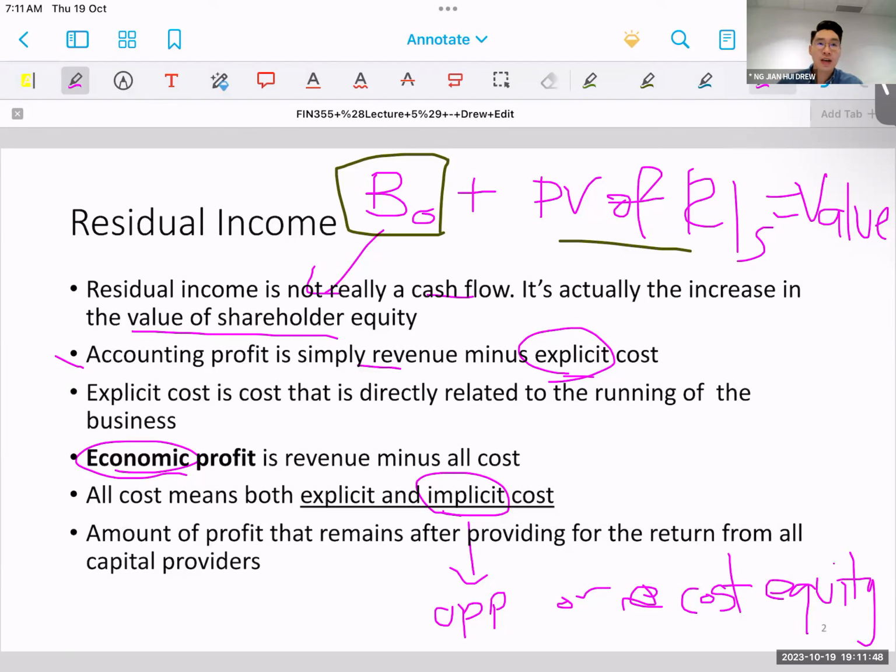Just a question: is the cost of debt reflected in accounting profit?